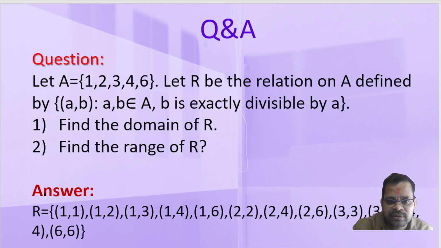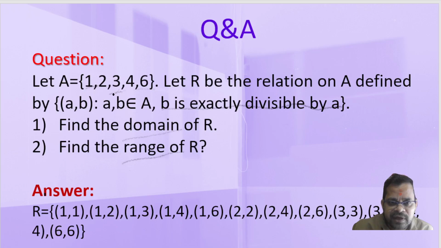What the question actually says is that b is exactly divisible by a. So we have to find which elements are exactly divisible by a. What are the elements of A? 1, 2, 3, 4, 6.